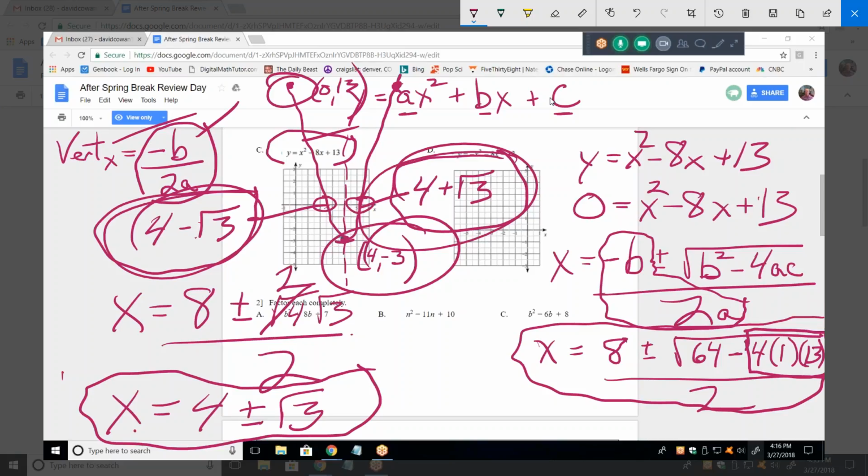I would have taken these two numbers, and now I know my line of symmetry goes right halfway in between these two numbers, which is at 4. Halfway in between these two numbers is 4. That is my x. In other words, I can save this step. I don't have to do that step if I know I'm going to have to use the quadratic formula.